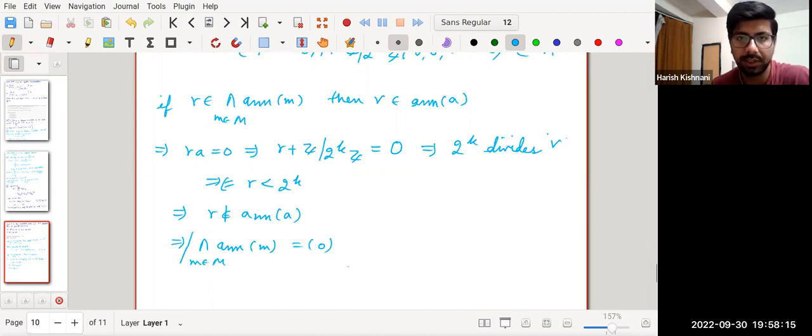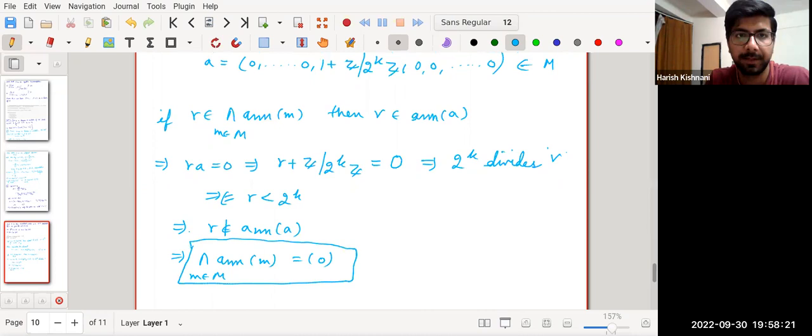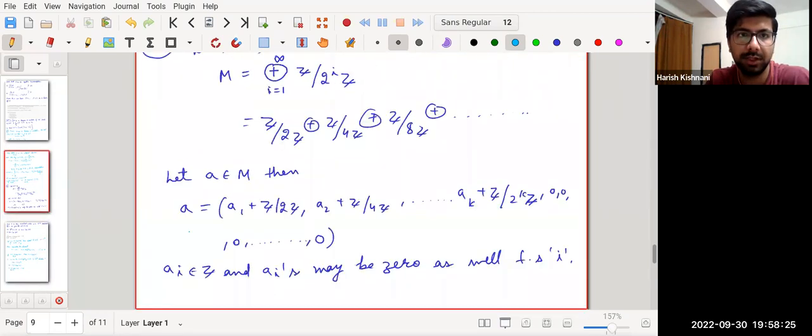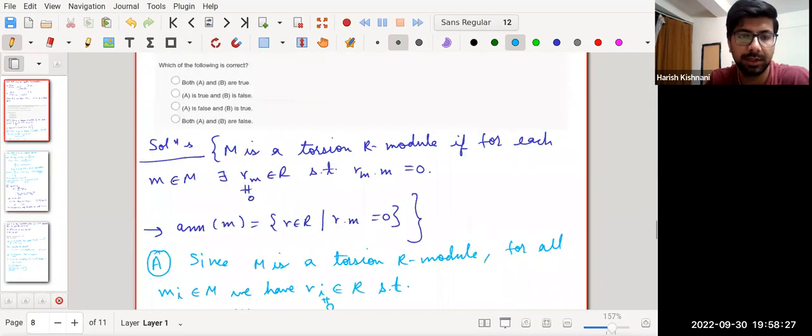This is an example for which the given condition doesn't hold, so B is false. So you have A is true but B is false.